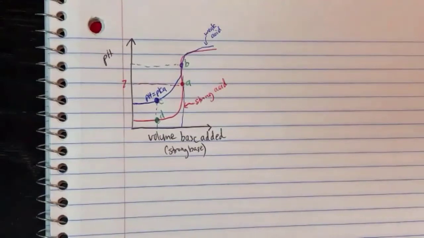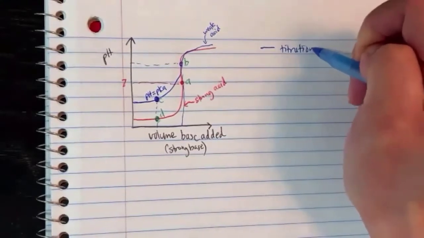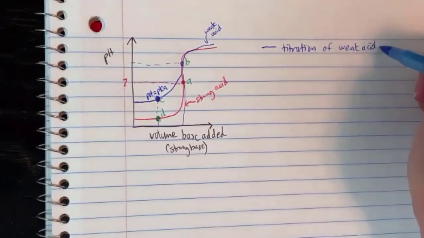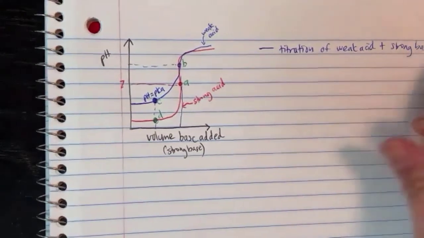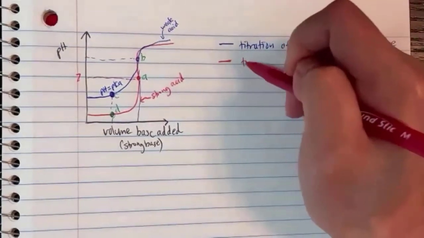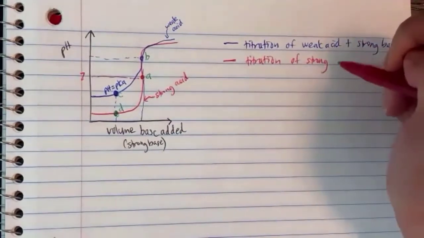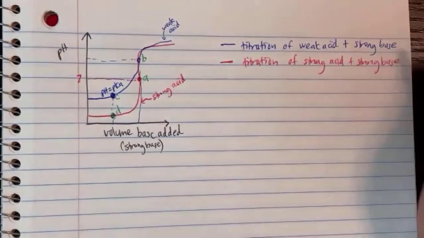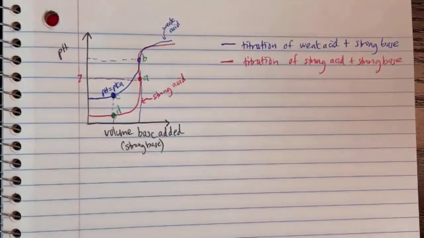So we just learned that the blue line here is titration of weak acid and strong base. Right? The red line here is titration of strong acid and strong base.